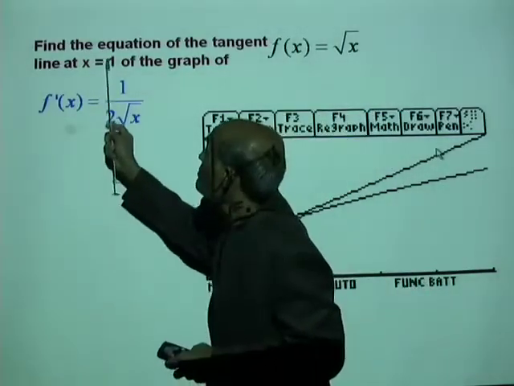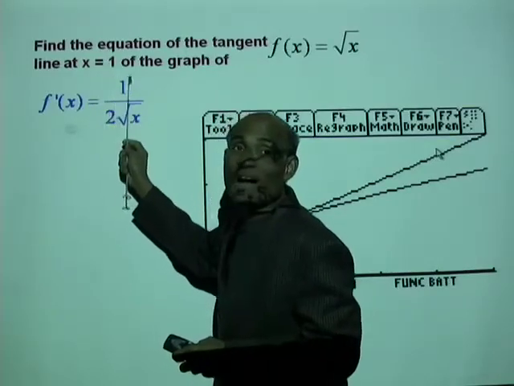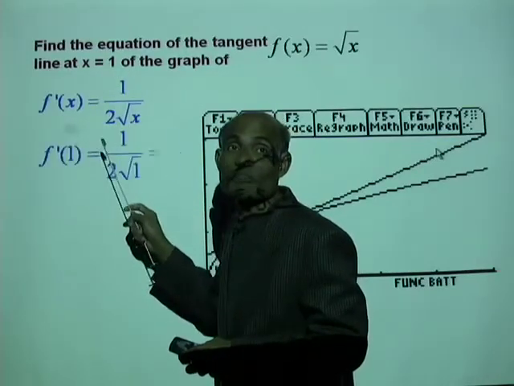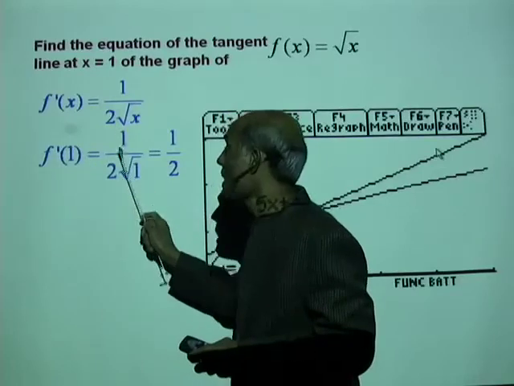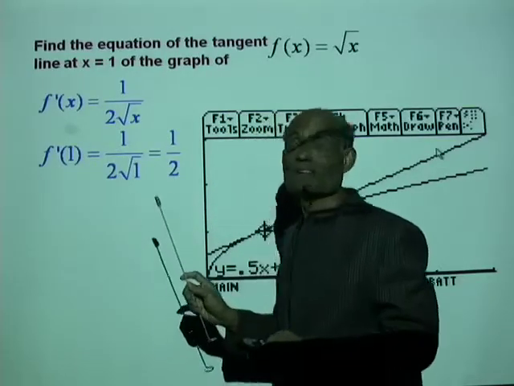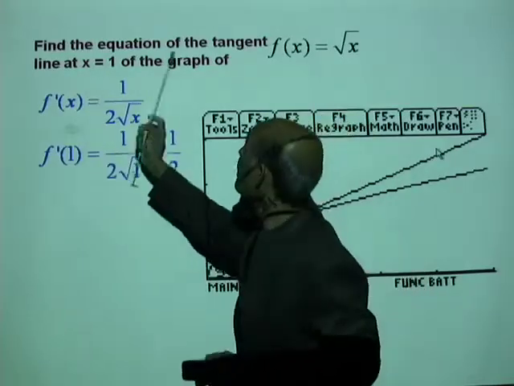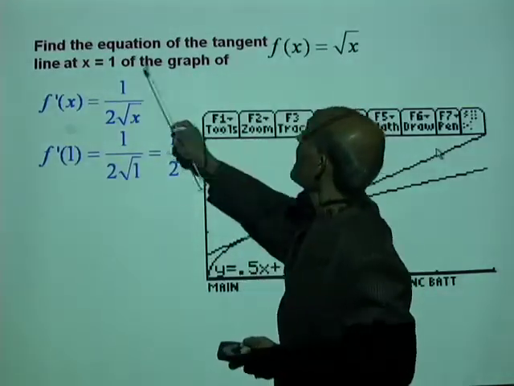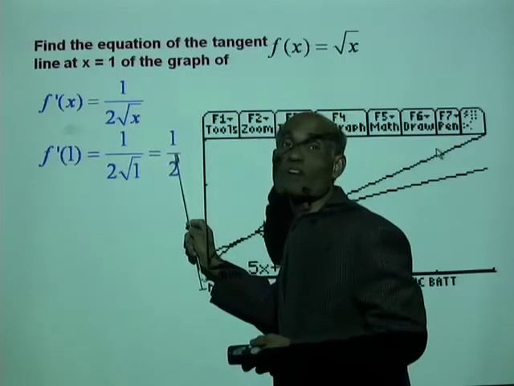We want to find the derivative at x equal to 1. So, what is f prime of 1? It is 1 over 2 square root 1 equal to 1/2. The derivative of this function at x equal to 1 is 0.5.